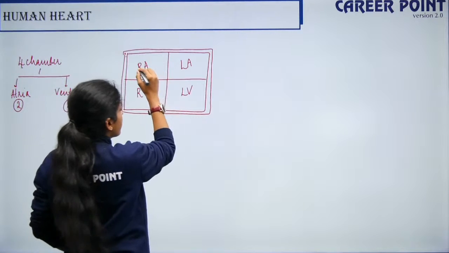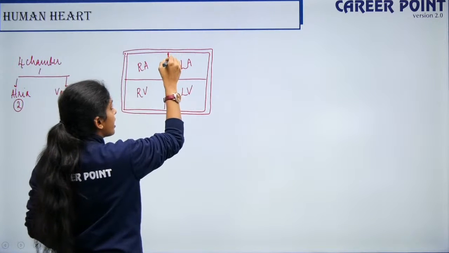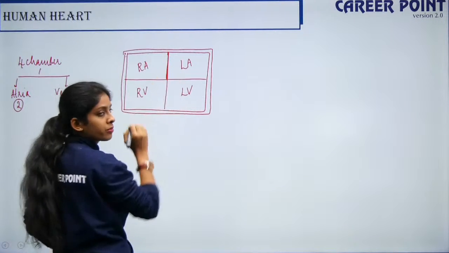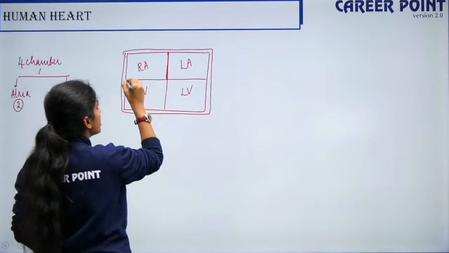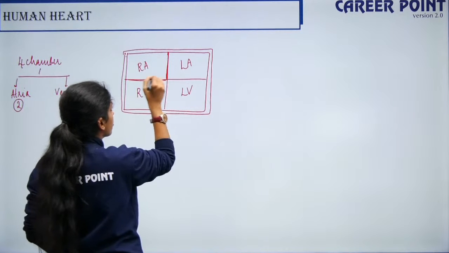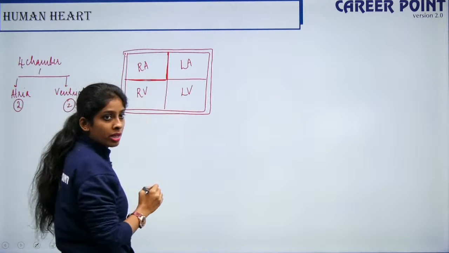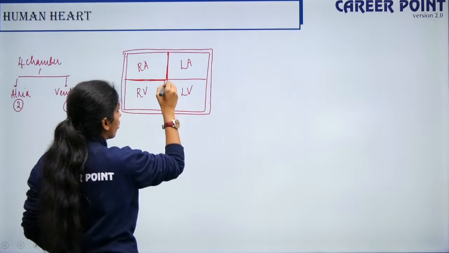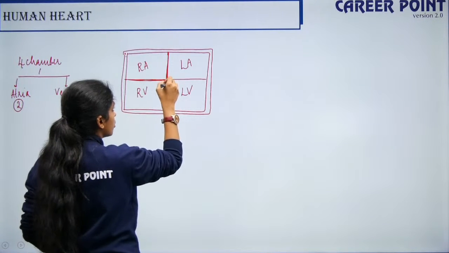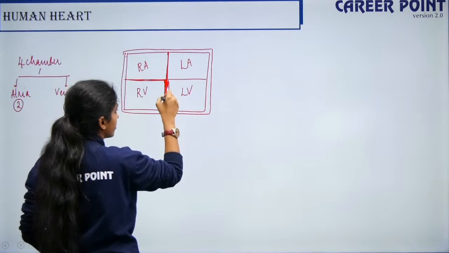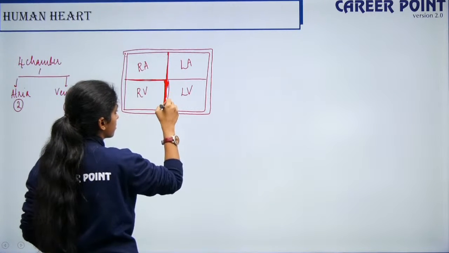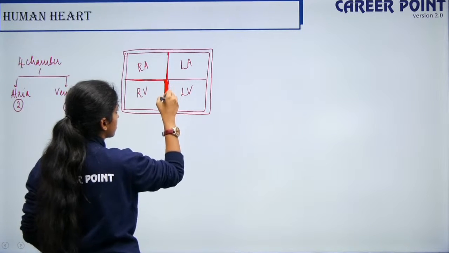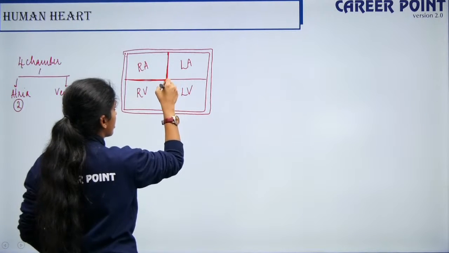In between the atria, there is a very thin wall, a very thin gap. In between the ventricles and the atria also, there is a very thin wall. In between the ventricles, I have a very thick wall. This is a thicker wall.